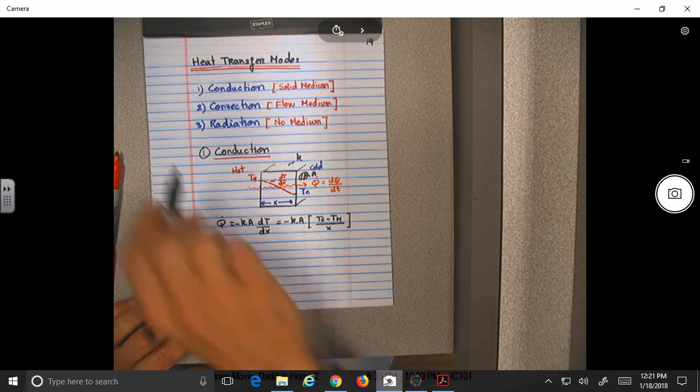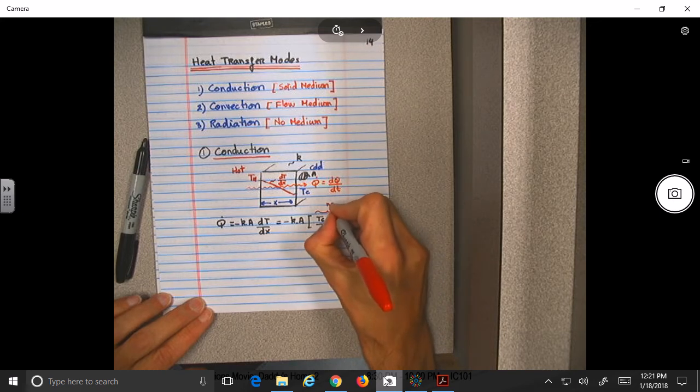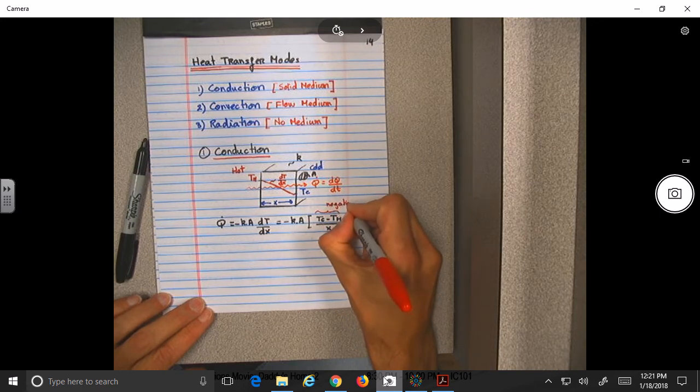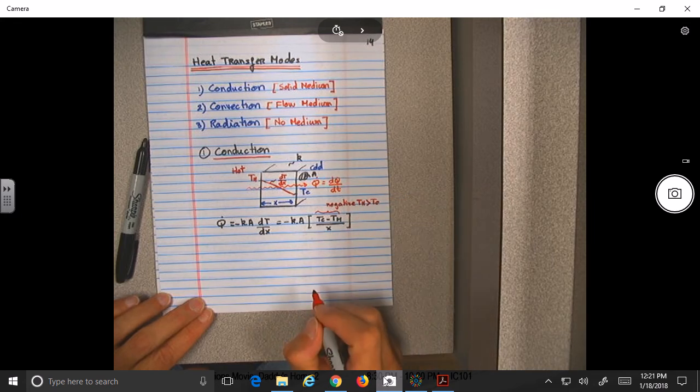Right? So you agree that this term is negative because T hot is higher than T cold, no?